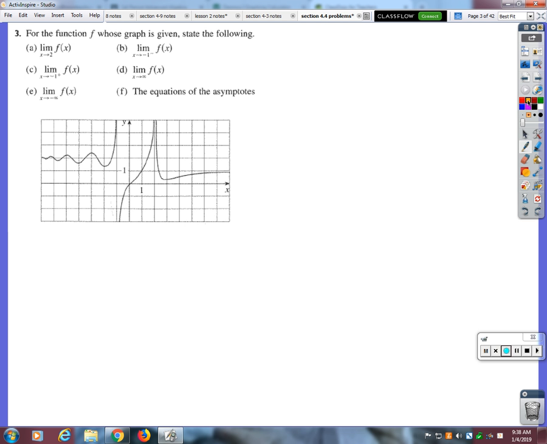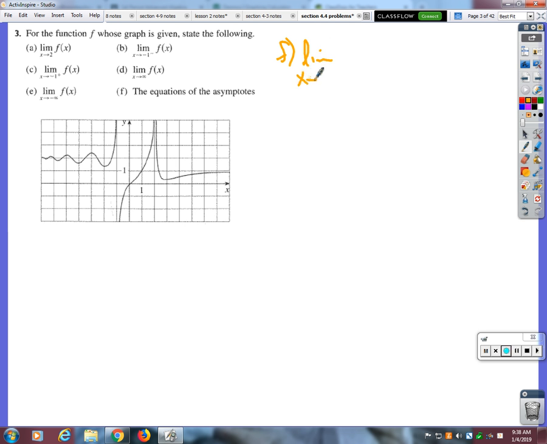Okay, so for F it says find the equations of the asymptotes. So we have two vertical asymptotes and two horizontal asymptotes, right? Okay, which one do you want to do first? They're all the same. So let's do the horizontal ones first.